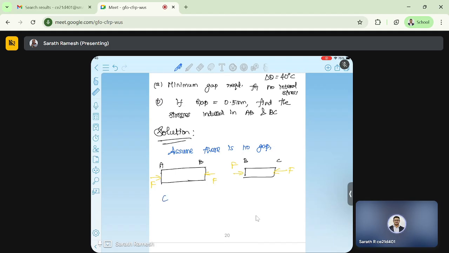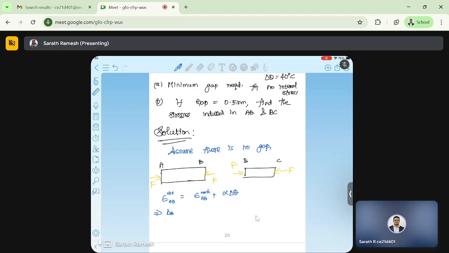So let's take AB. The observed strain in AB will be equal to the mechanical strain in AB plus the thermal strain in AB, alpha delta theta. Right. So what is the observed strain in AB? Yes, there is a force induced. If delta A is zero, A is a fixed support.